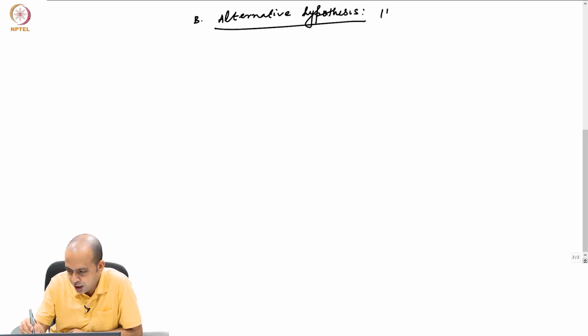So, when your null is beta equals 0, the alternative is denoted as HA, which says beta not equal to 0.